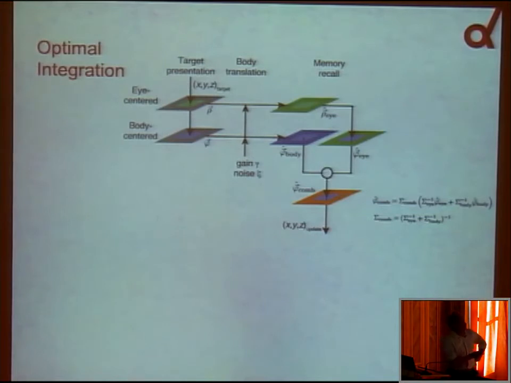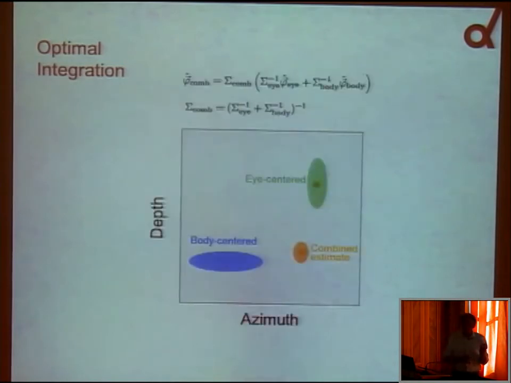And the idea is that if we have this translational body motion, there is noise in the motion direction. But that noise plays out differently in a body-centered representation than in a gaze-centered representation. In the body-centered representation, the noise really operates along the motion direction of how you move your body.